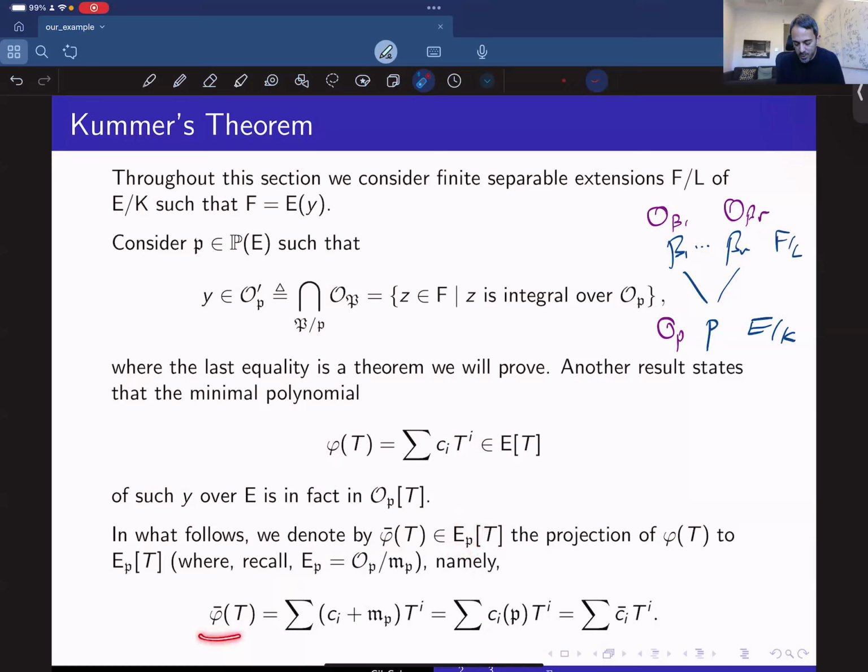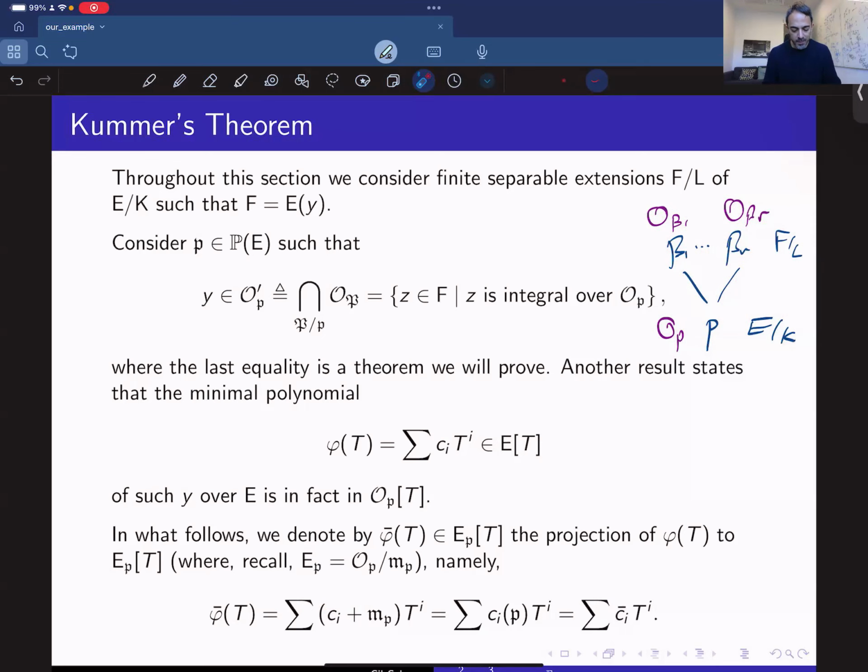So what do I mean by that? Phi bar of T, by definition, you go coefficient by coefficient and take the corresponding projection. That's one way of denoting that. Another way, which we used when we talked about the coding application, is CI evaluated at P, because this reminds us that we think of these as functions and P as a point. And another way of writing that, which we'll use here, is CI bar, just as a projection, because P will be clear from context. So we just put a bar here.